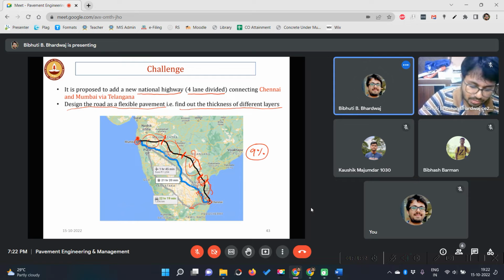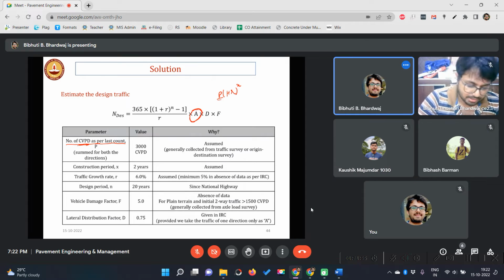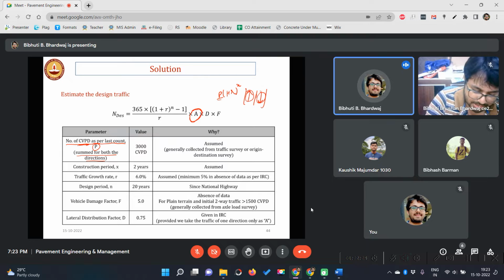Since it is 4 lane divided, this CVPD is summed for both the directions, just like this. You have summed this one as well as this one, and that you have recorded as P before the construction starts.